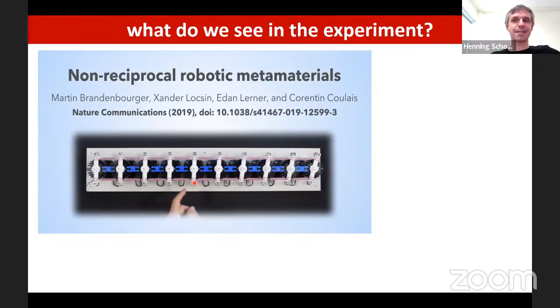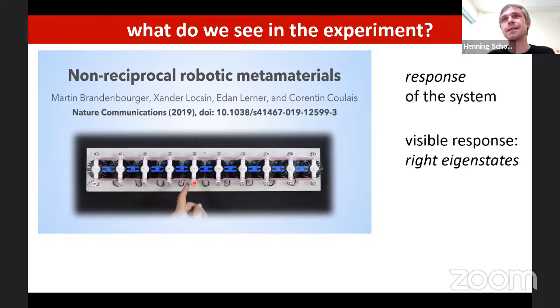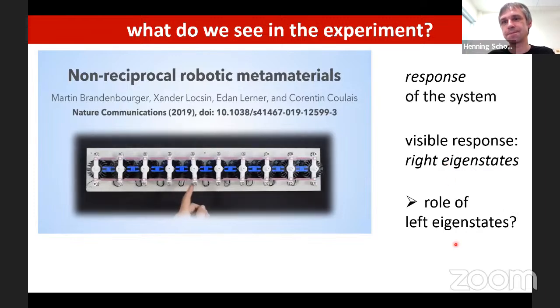First of all, is this actually an edge state? It seems to be distorted to the side, but it could also be just a distorted bulk state. And secondly, what kind of state do you actually see here? Because we know we have right eigenstates, and in most settings, they are actually the visible response, but we also have left eigenstates. So what is the role of the left eigenstates in here?